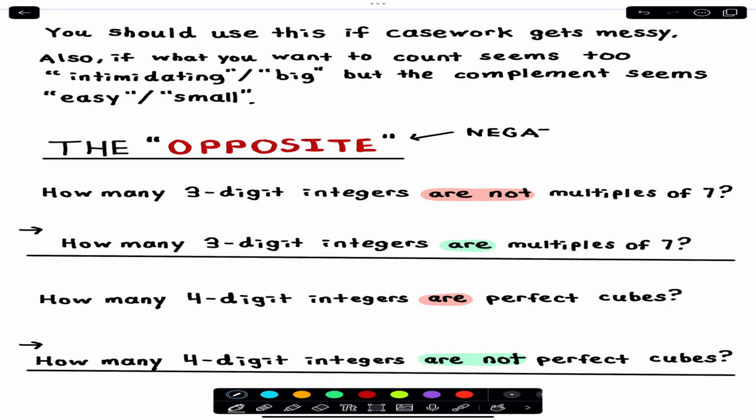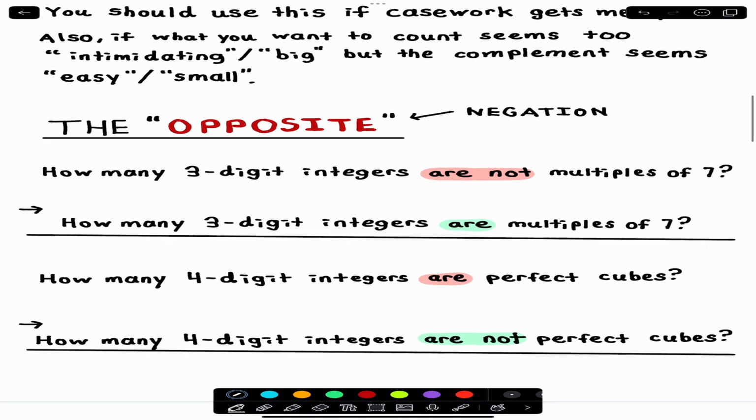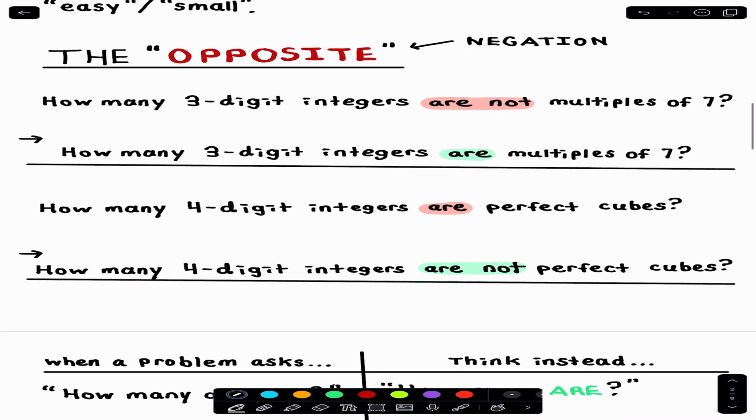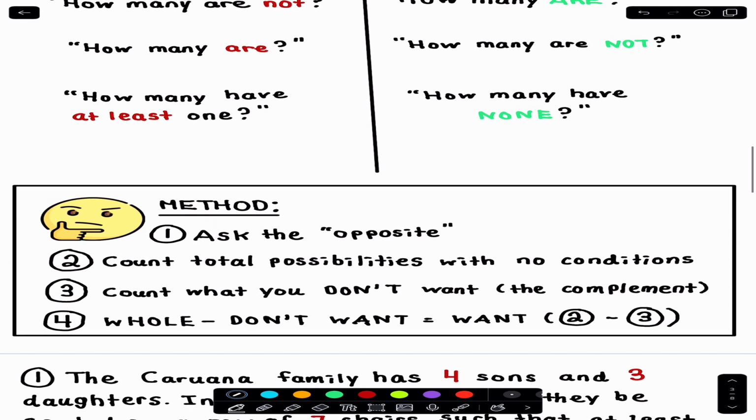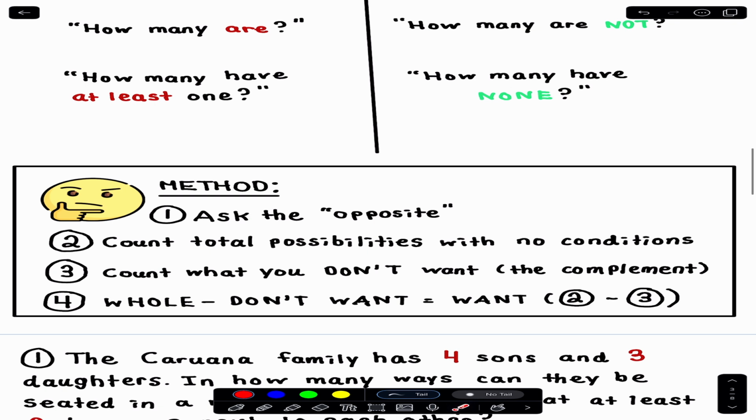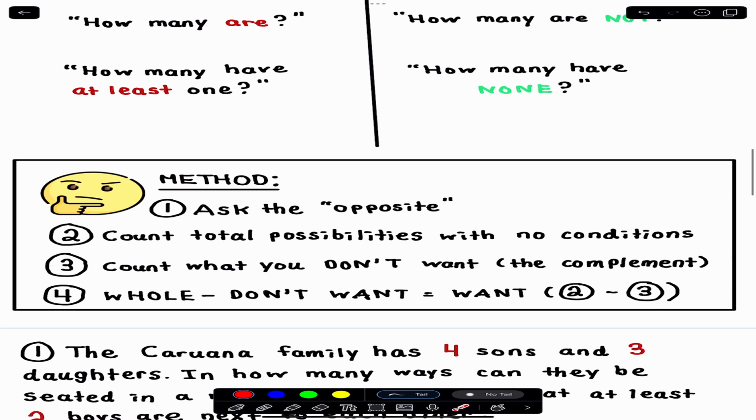But that's a topic for another day. For now, we're just going to think of it informally as the opposite, so changing things to its complete opposite. So that's what we're going to do first. You're going to ask yourself the opposite question. That's why we went over it before.